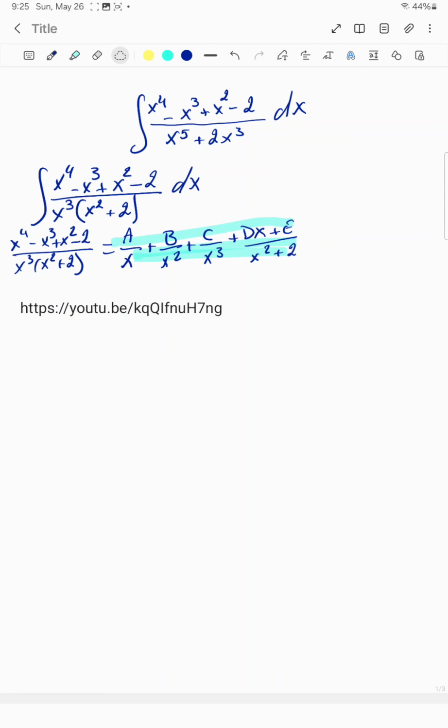So now let's continue with this. All I have to do now is take the right-hand side of my equality and put it over a common denominator.